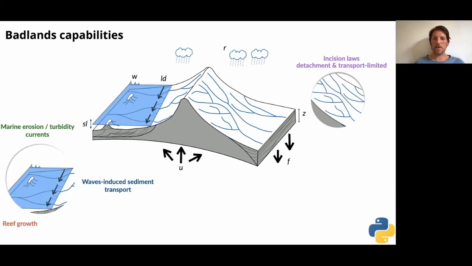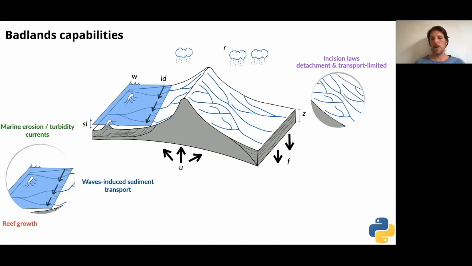Either the Badlands wave module is turned on and will trigger a longshore drift that will transport the sediment above the wave base, or the underwater gravity flows module is on, and turbidity currents could be triggered if the river sediment concentration entering the ocean is above a prescribed threshold.